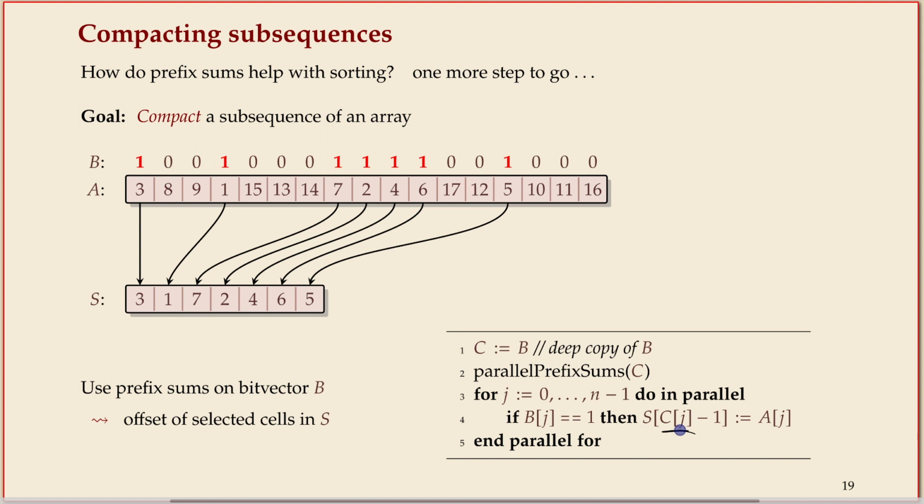And that's how I can do compacting. So I'm spending constant effort in each of these inner iterations. Because these are all done in parallel, it's constant span and linear work.